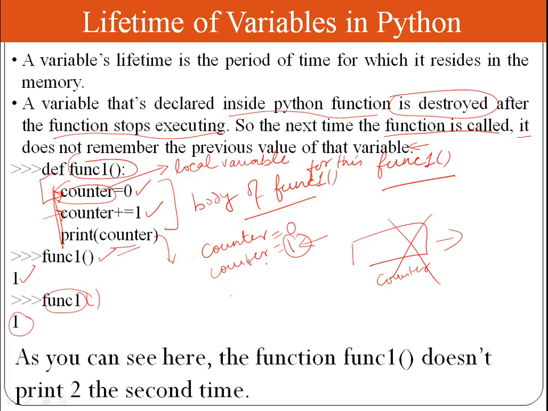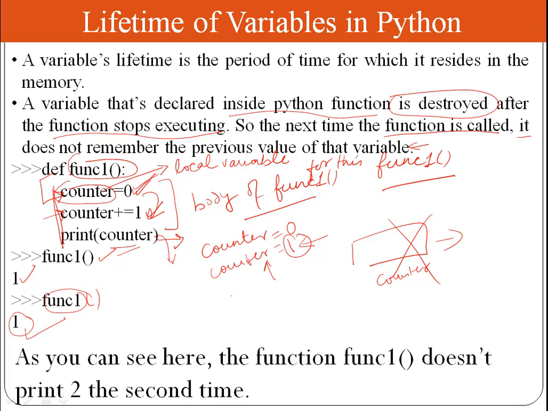However many times you call func1, 100 times, lakh times, crore times, it will always give you the answer 1, because whenever you call it, it initializes with 0 and then increments it to 1 only. And as it executes the third statement and comes out of the function, its value is gone.